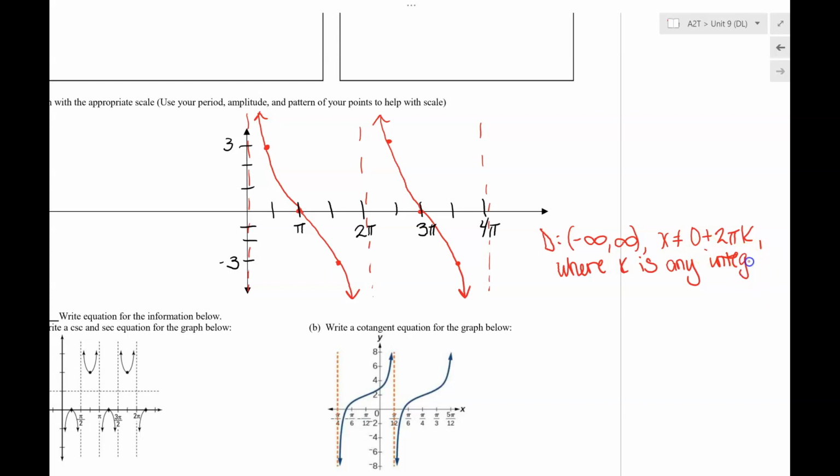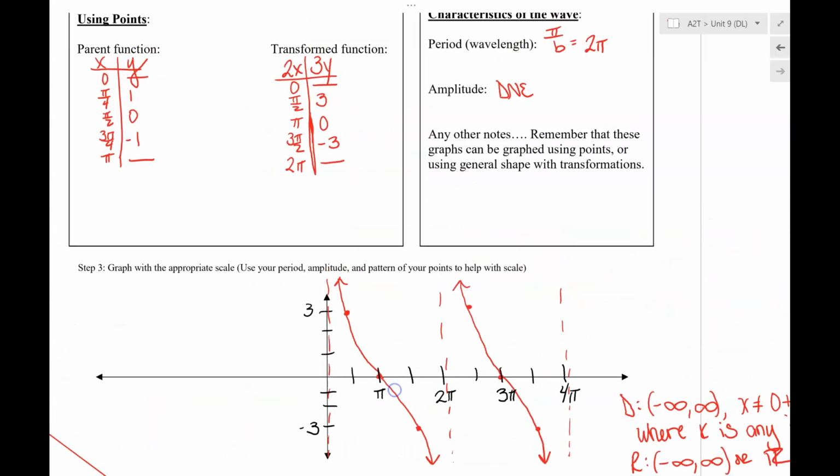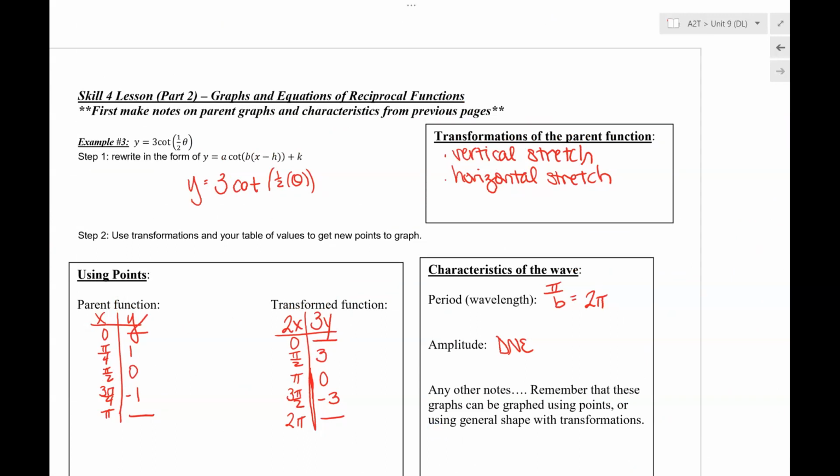It should say integer. And then our range is all real numbers. That will never change for cotangent or for tangent. And then we're not going to do the writing of the equations, so we are done with part 2.